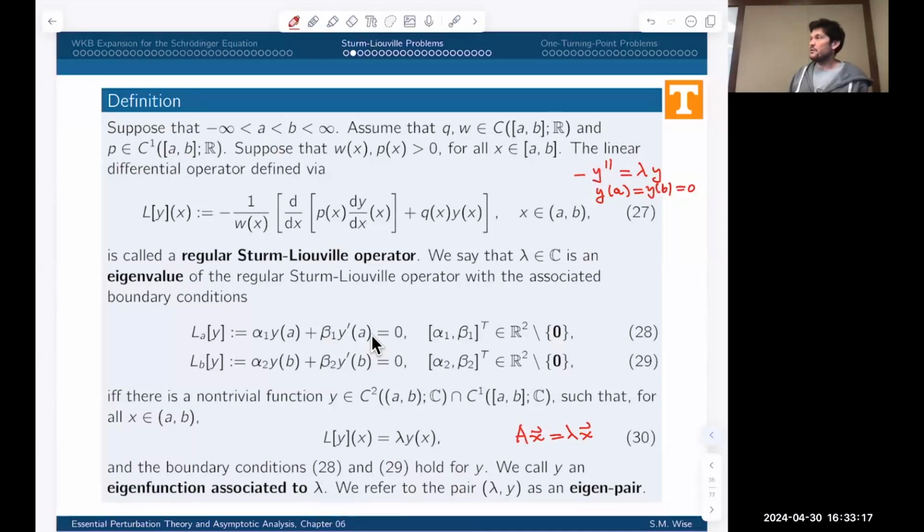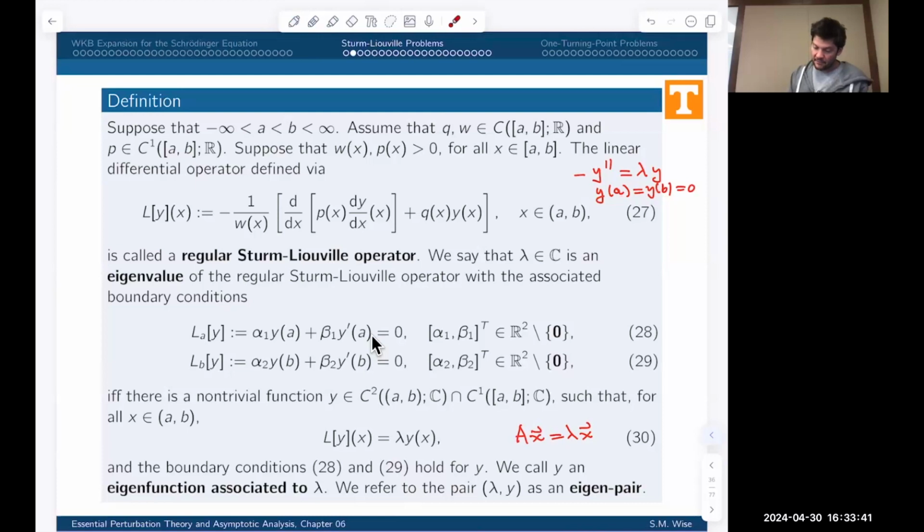Of course, the solutions to this are just sines and cosines. You can figure out what the lambdas should be just by arguing that the boundary conditions should be satisfied in a certain way. The lambdas are related to pi and the size of the interval you're talking about.